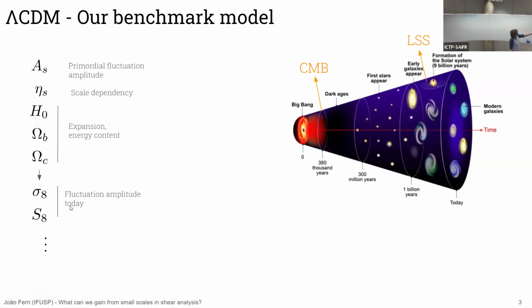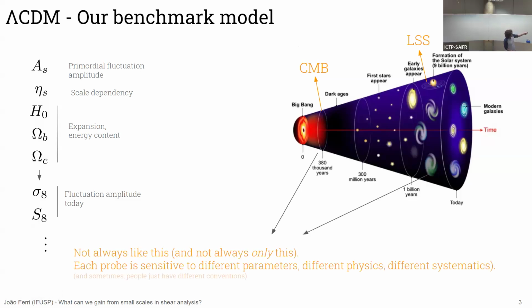Sometimes you have parameters like S8, which I'll explain later. But it's basically a combination of other fundamental parameters. But usually it's not always like this and not only this. This is very sensitive to what your experiment is probing.